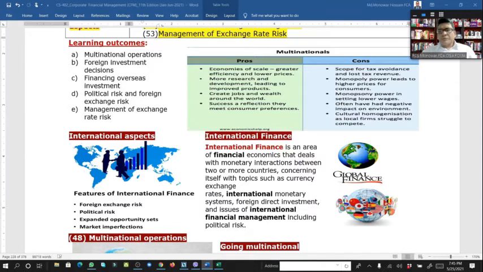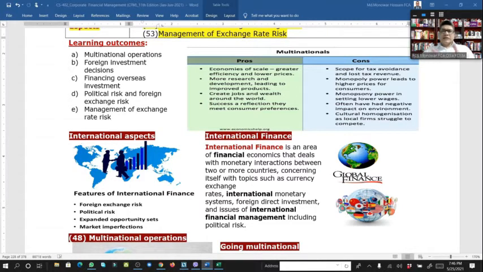So there is a problem for that within the country. For example, if you go for multinational, there are a lot of companies doing so to avoid tax. That means the government will lose tax revenue, and monopoly power leads to higher prices for the consumer. Monopolistic power, setting lower wages, often has a negative impact on the environment, and cultural problems also.